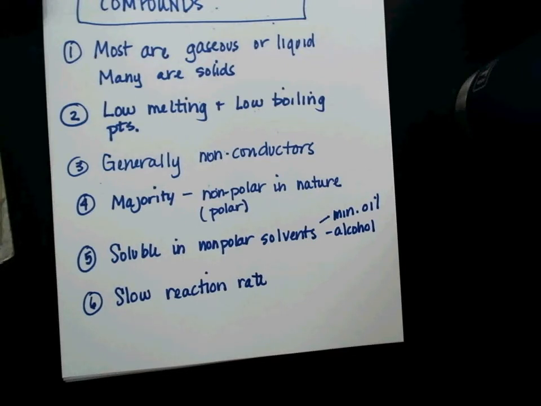If I try to separate them, what am I going to get in an ionic compound versus a covalent compound? What do I get when I separate an ionic compound? I get a metal and a nonmetal with what? Both of them have a charge. Yeah, so they have a charge. When I separate a covalent compound, I don't get anything with a charge, so it's less reactive. There's less bond energy there.